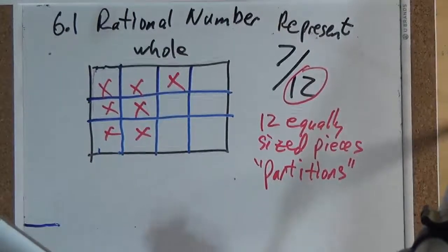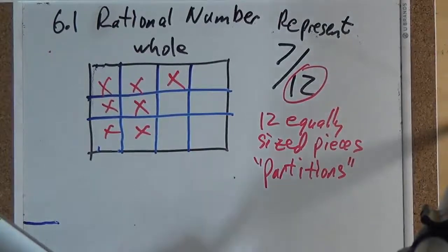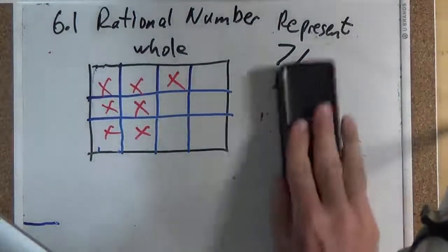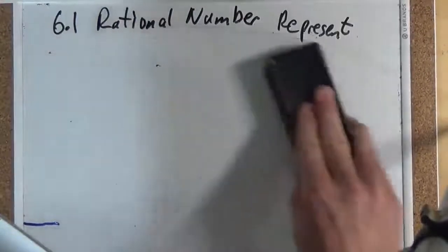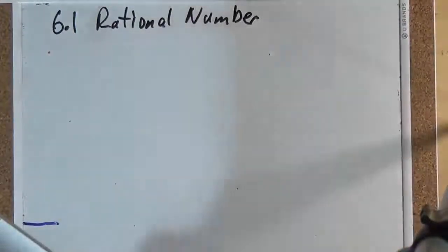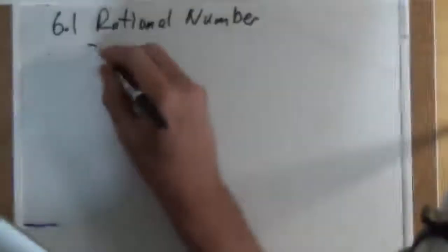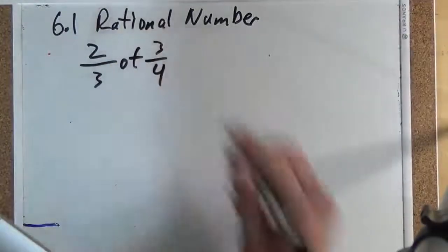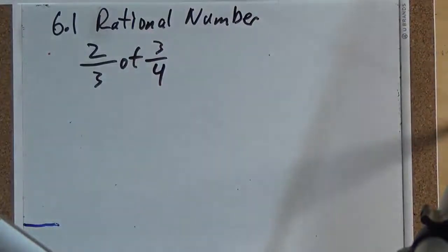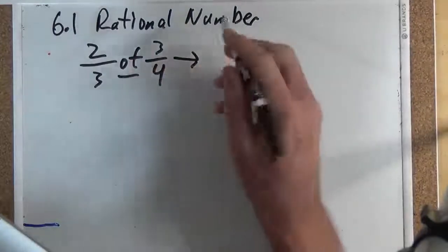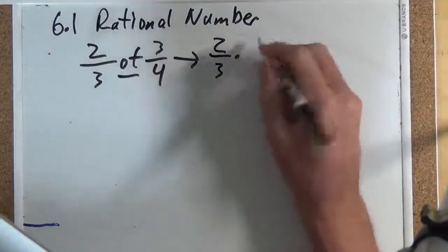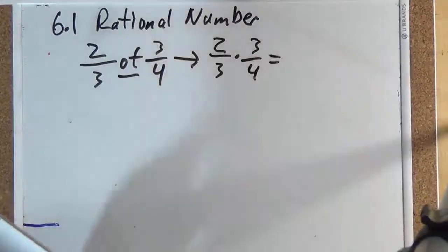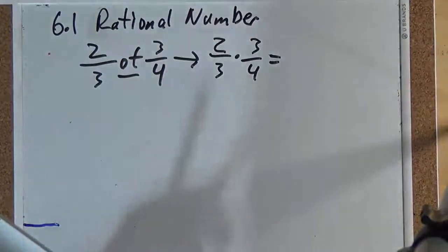Now, I'm just going to show you kind of where we're going. Because you grew up with symbols, probably just like I did. Suppose you did 2/3 of 3/4. Could be in a story problem, could have been on a worksheet, but you were taught that of means multiply. And then you were taught, okay, it's all symbols.